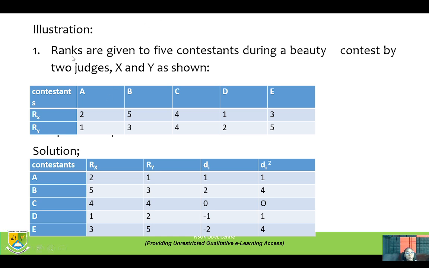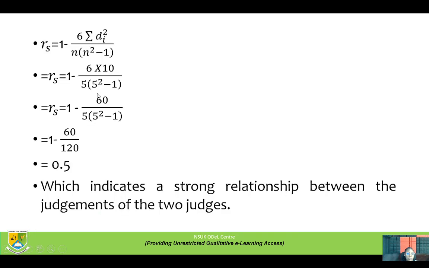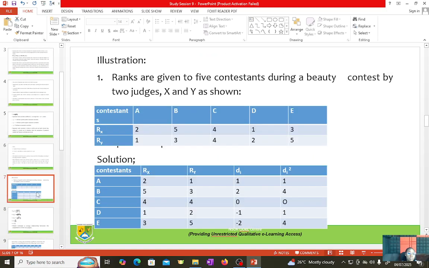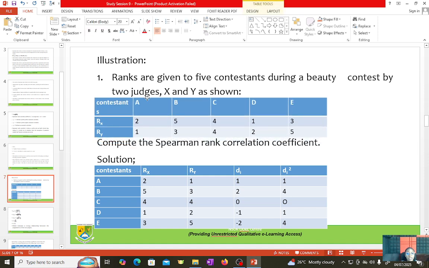Let's consider this particular one. It says ranks are given to 5 contestants during a beauty contest by 2 judges, X and Y, as shown in this table. So this is basically the question, and we were directly given the ranks.